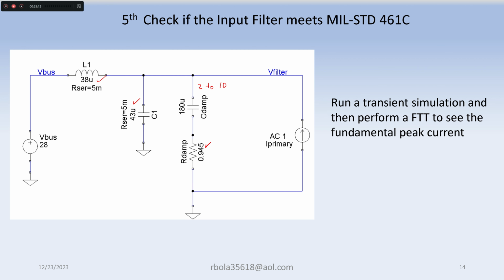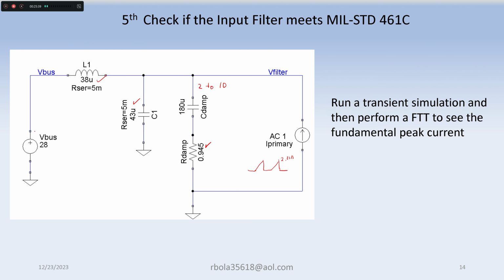Okay, so now I can do a transient, and remember, this waveform is the waveform that we made, and I had a peak of 2.4.